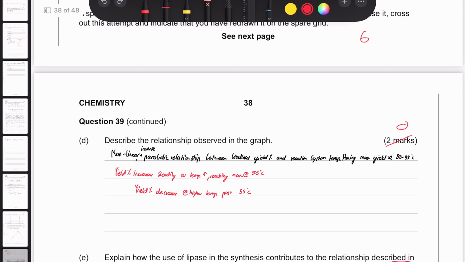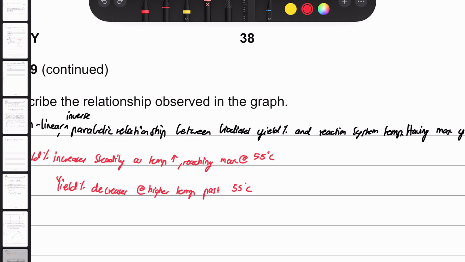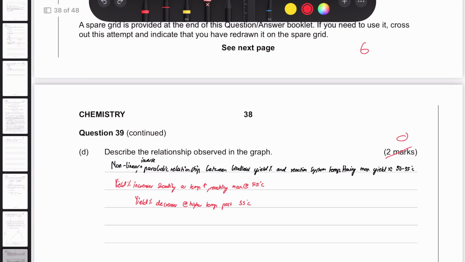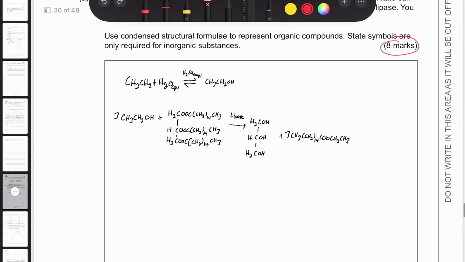So I'm not sure if I should knock the 2 marks off or if I should not. But I assumed it's nothing like the marking key. I didn't especially say that it goes up and it goes down. So I guess I'll knock the 2 marks off because I would have only got half of the first mark right, and I don't think half is worthy of a full mark.